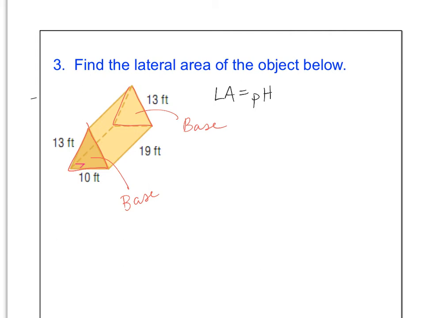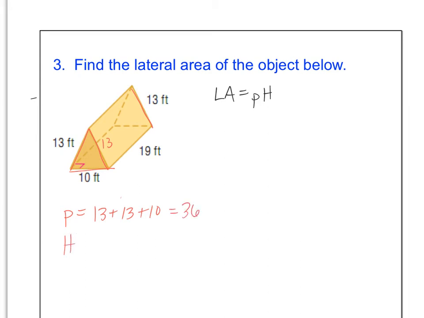And so then we need the perimeter around the triangle. Well, if we look at the 13s, this right here is 13, so this is also 13. So to get the perimeter around the triangle, you can add 13 plus 13 plus 10. So that would be 36.